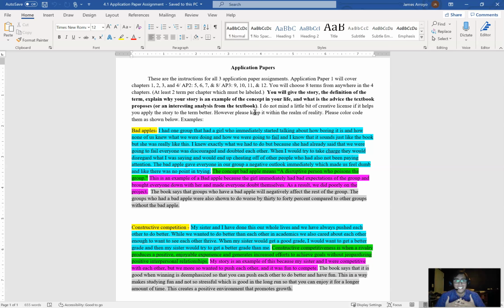And I know that sounds just like the book, but she really was like this. I knew exactly what we had to do because she had already said that we were going to fail, and everyone was discouraged and doubted each other.